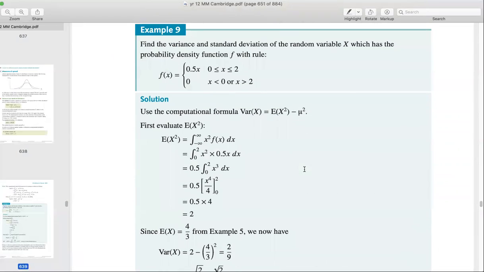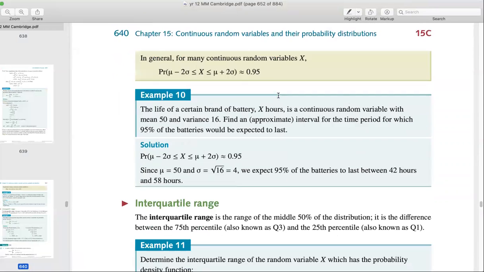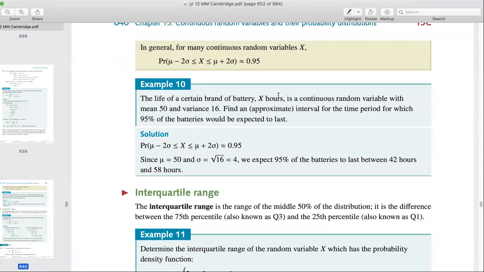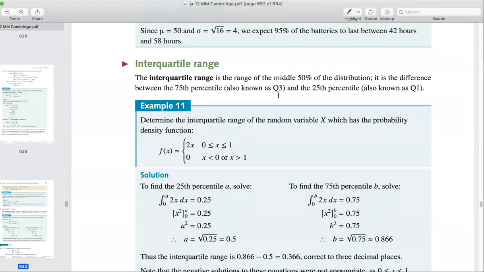Okay, and again, you're going to see this one. This one we will discuss later in the next chapter once we introduce what we mean by the normal distribution.